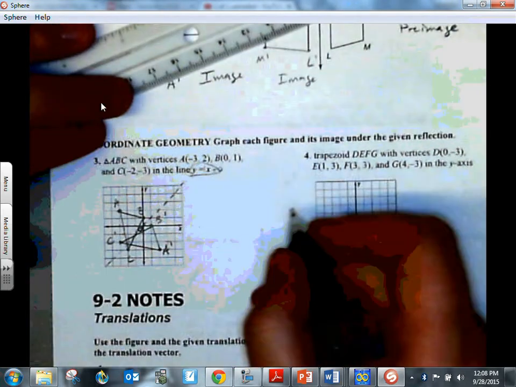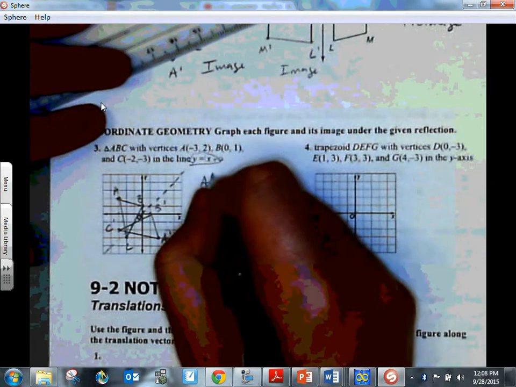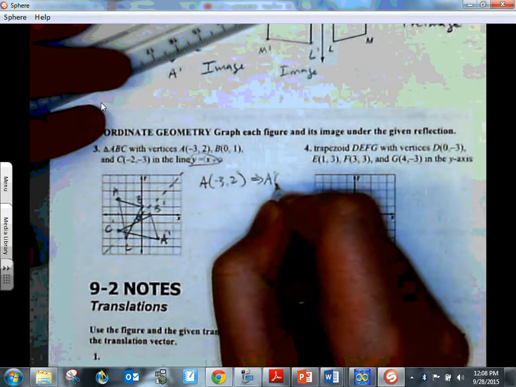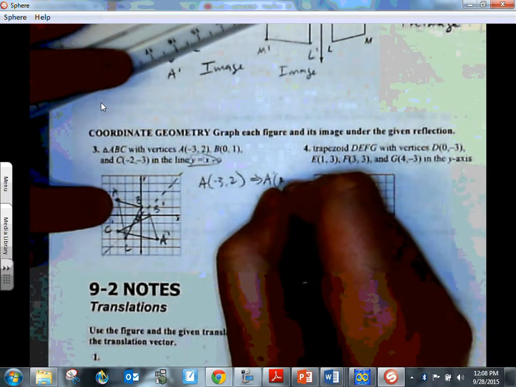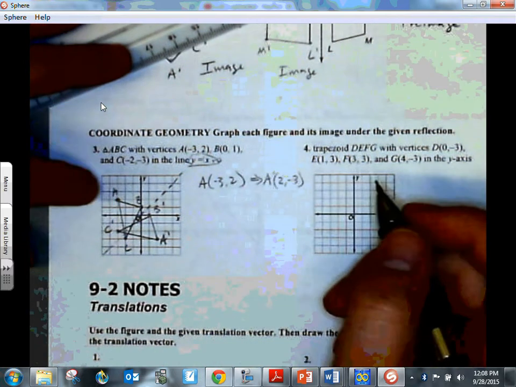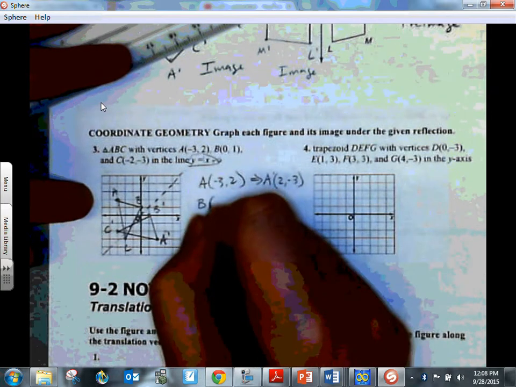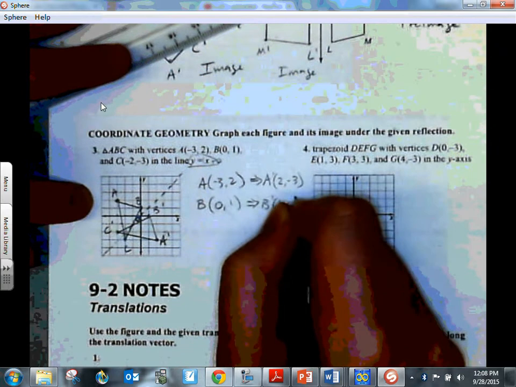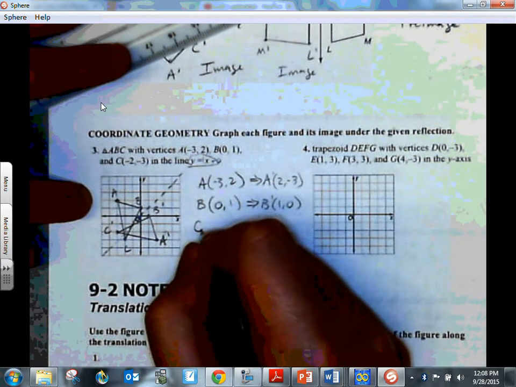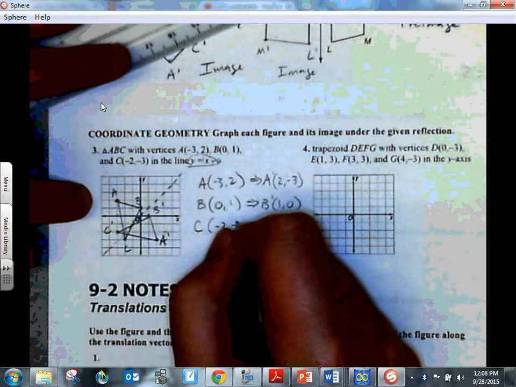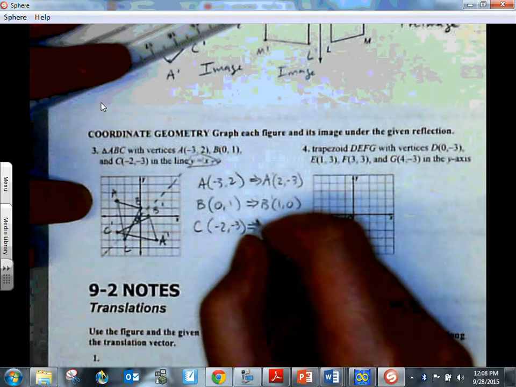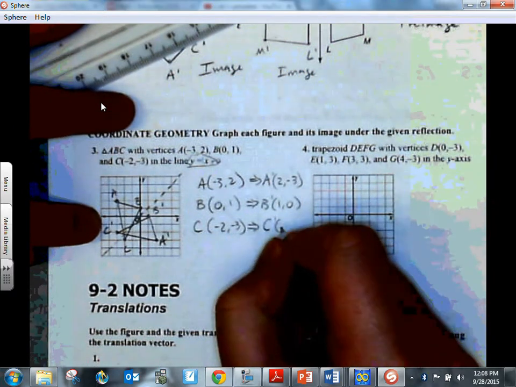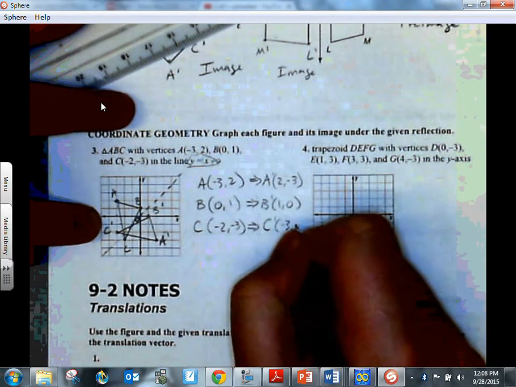So here's what I want to show you. When I had the point A, that was the point -3, 2, to go from A to A prime, I had the point 2, -3. When I went from point B, which was 0, 1, B prime became 1, 0. And then point C was the point -2, -3, and when I reflected it over the line y equals x, I got the point C prime, which was -3, -2.